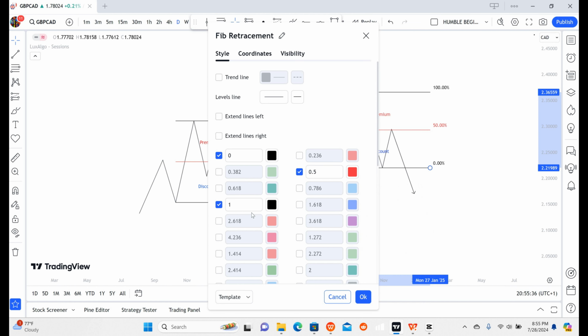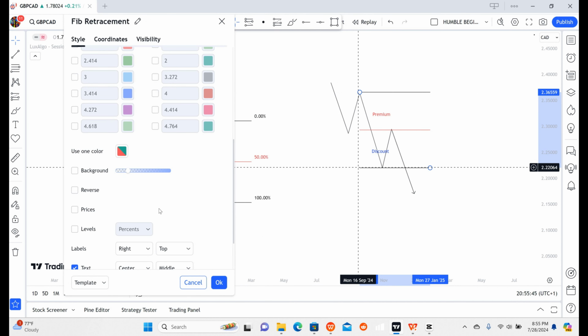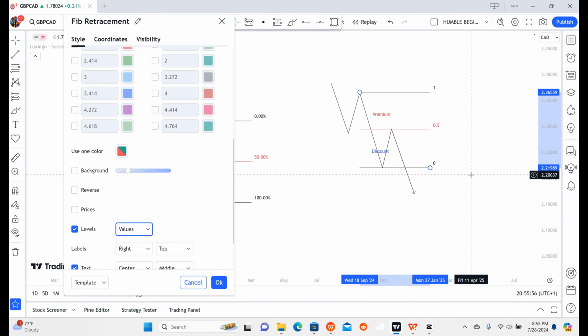Now you can decide to have your levels show or just use this. This is actually how I prefer to use mine, but for the sake of this tutorial I've added levels, which can be shown as percentages or as values.